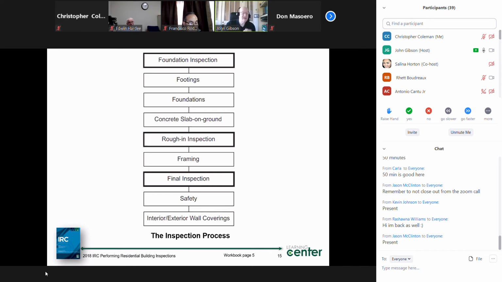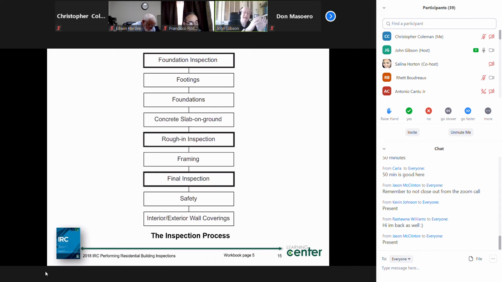The IRC doesn't say, hey, here's the foundation inspections. It will have footings and foundations in the same chapter, which is going to be chapter 4, for example, and it will have concrete slabs on grade in chapter 5 because that's floor construction, and that's what chapter 5 deals with. So it isn't using this same breakdown that we're doing in the workbook.